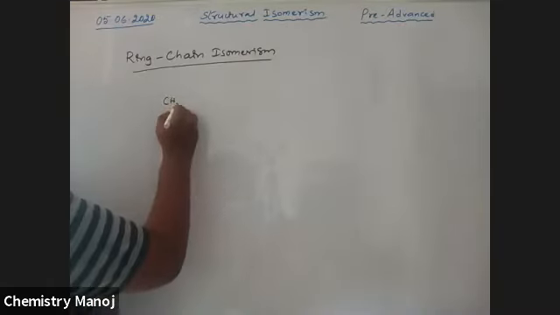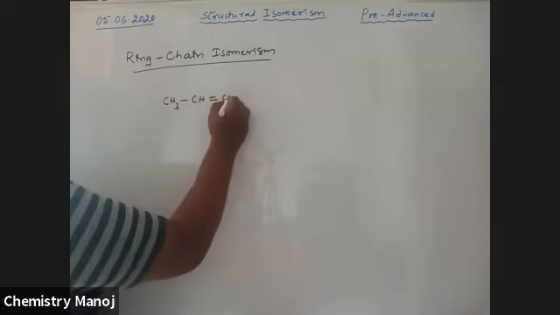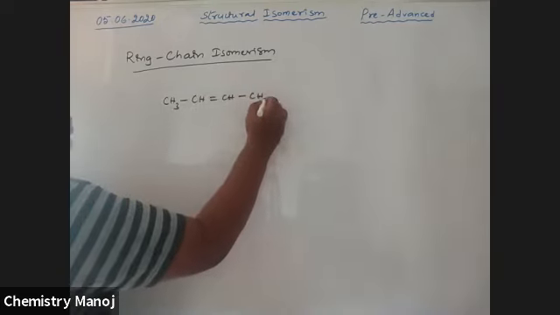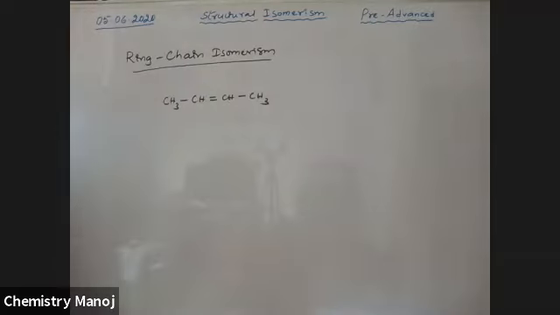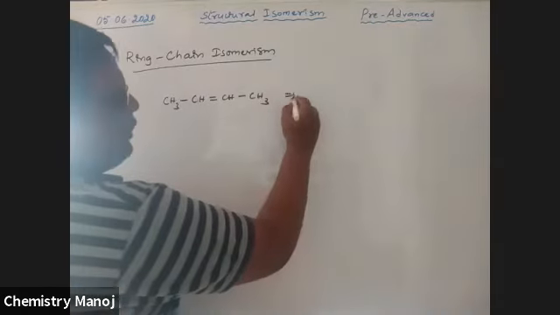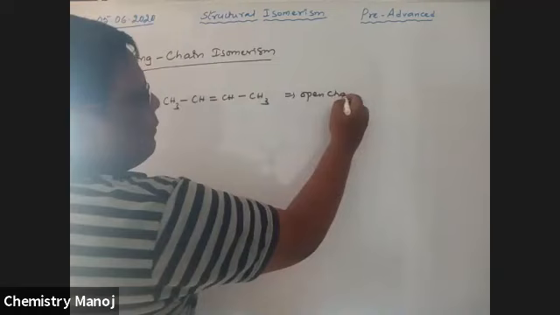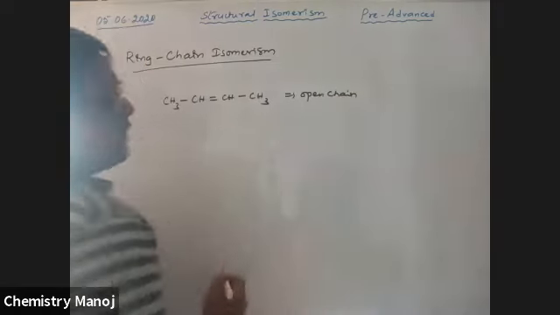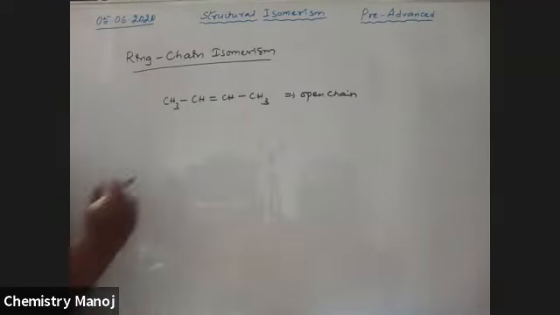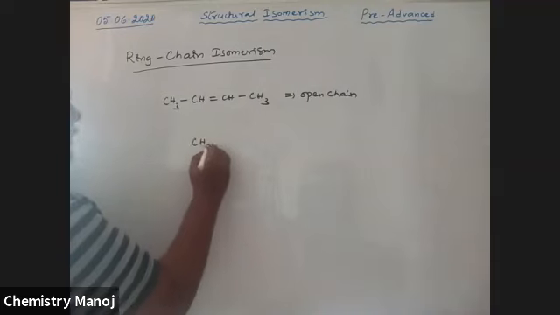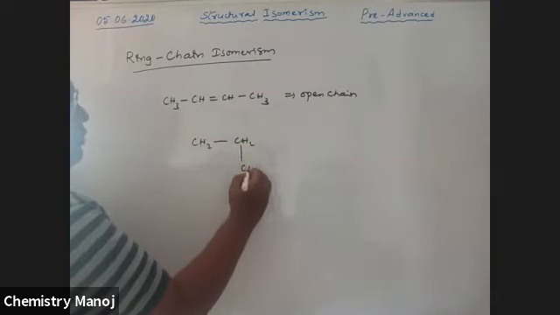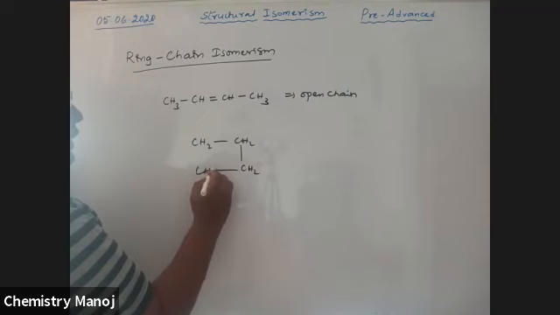This is CH3, CH double bond CH, CH3. It is an open chain compound. It is not a ring. Now I am writing CH2, CH2, CH2, CH2.